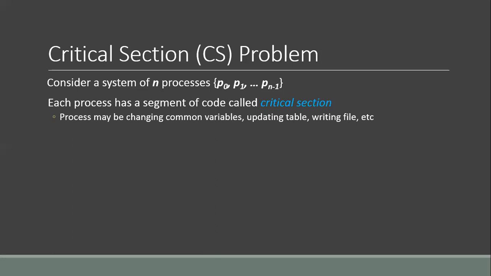In this critical section, a process may be changing common variables, updating common tables, or writing to common files. This means the critical section contains shared data that could be accessed by all the processes in this particular set.